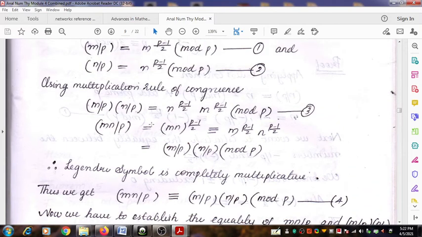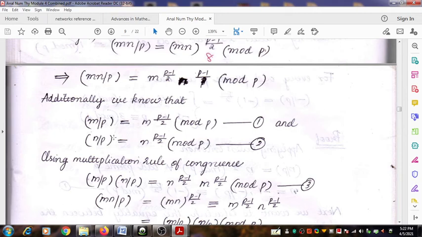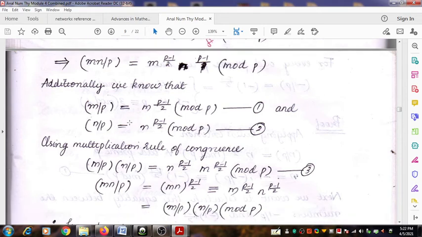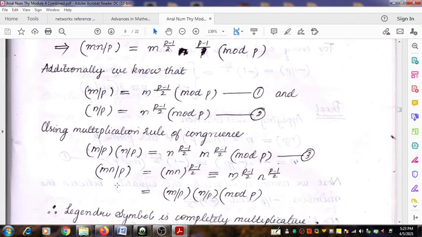Okay, this is actually a congruence. There is a mistake. Euler's criterion says that this is a congruence. Here (m/p) is congruent to m raised to (p minus 1) by 2, and here also (n/p) is congruent to n raised to (p minus 1) by 2.